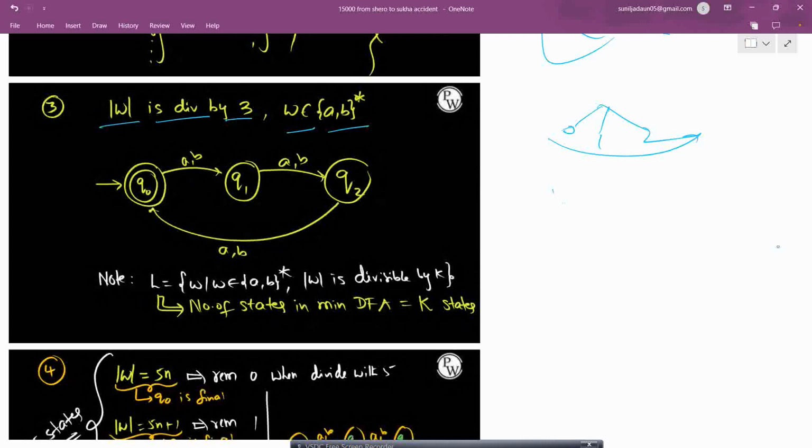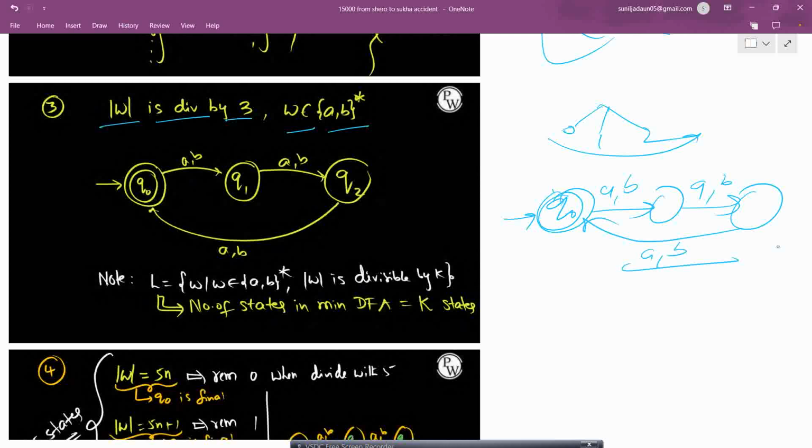If you note here, if it takes a or b, length 0 is divisible by 3, yes, we will make it final. But length 1 is not divisible by 3. Is length 2 divisible by 3? No. We will go to this. If length 3 is divisible by 3, we will go to the final state. Right? So this is also the case. Q0, Q1, Q2.